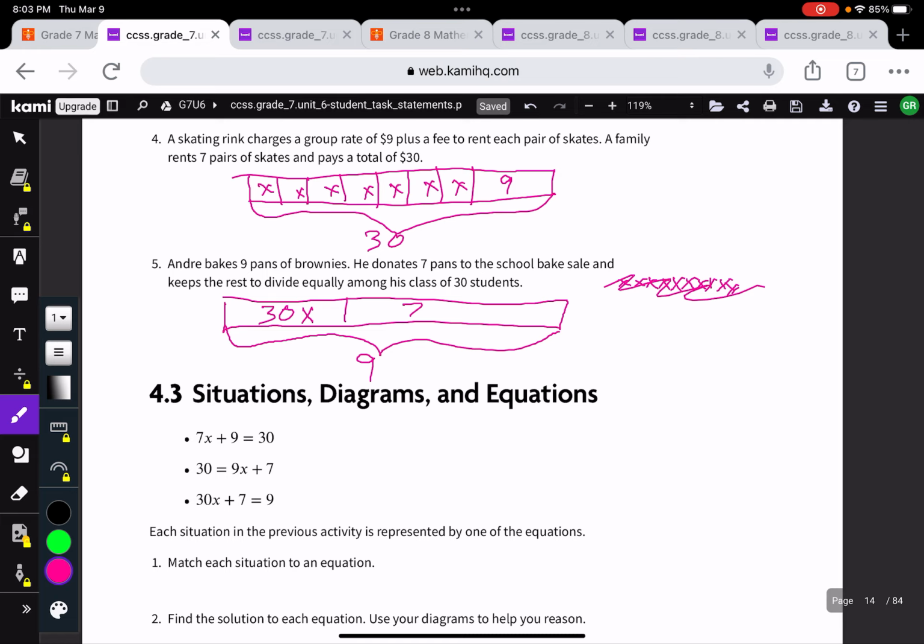The whole thing is 9 pans. 30 students and 7 pans is going to be a total of 9 pans. That'll make more sense when we actually try to solve this. But there they all are. That one was a tricky one.